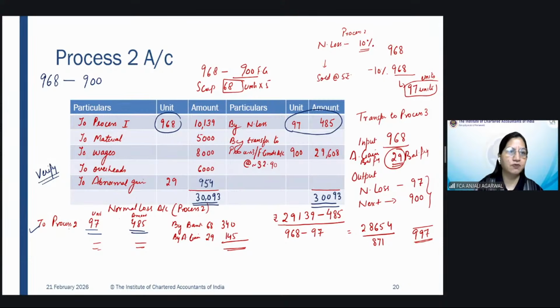So how many units do we have as scrap? Only 68. These 68 units will sell at 5 rupee per unit. So the next entry will be by bank 68 units for 340. So the normal loss account has not tallied here. There is a difference, right?